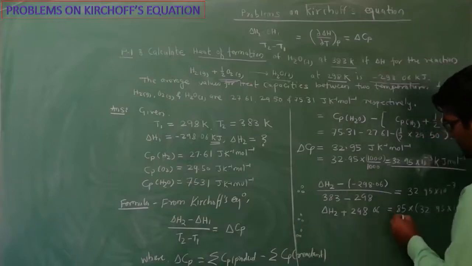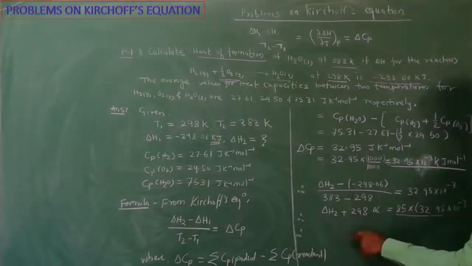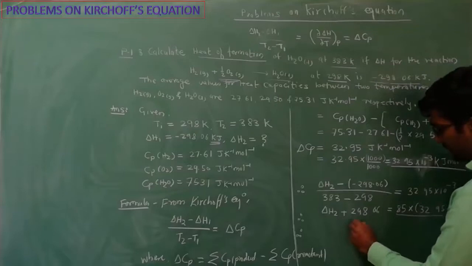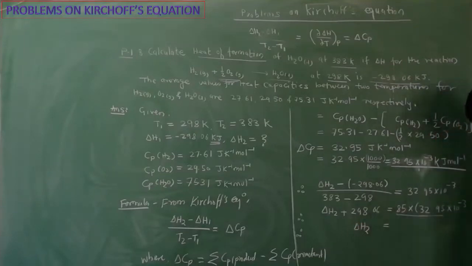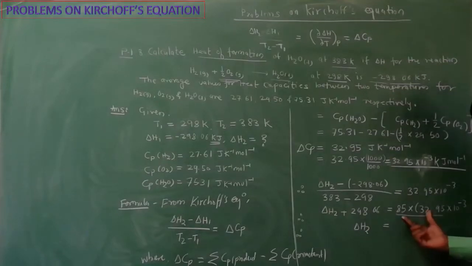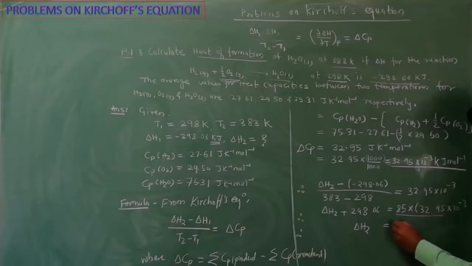Now simplify this, just do this multiplication, then delta H2 is equal to, its value is 2.80.